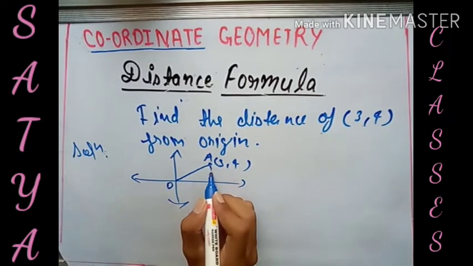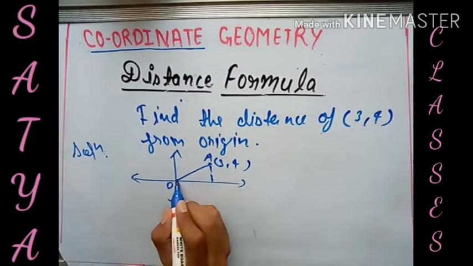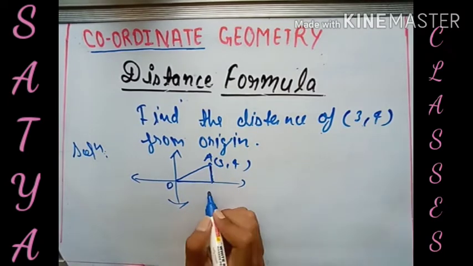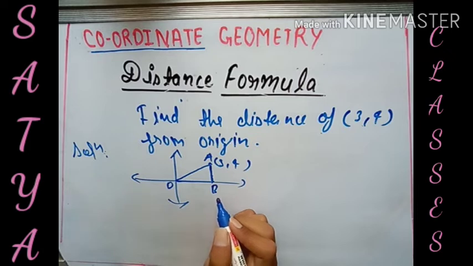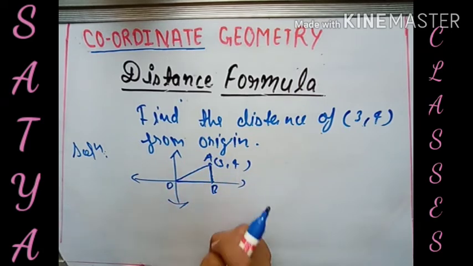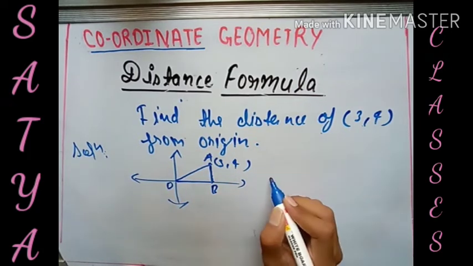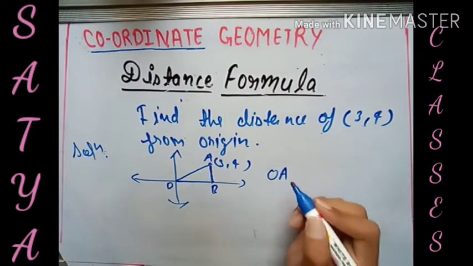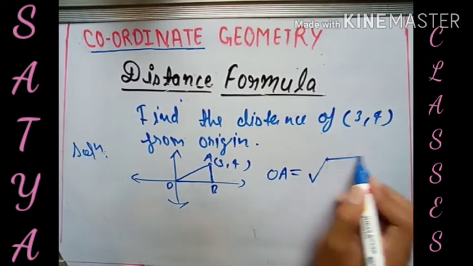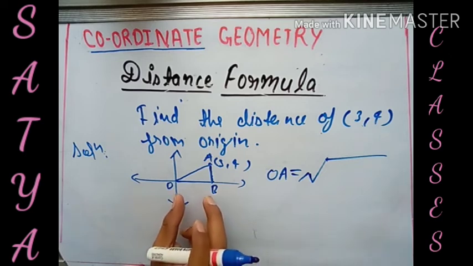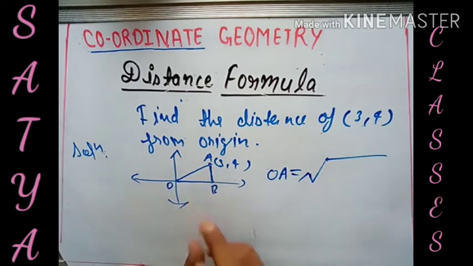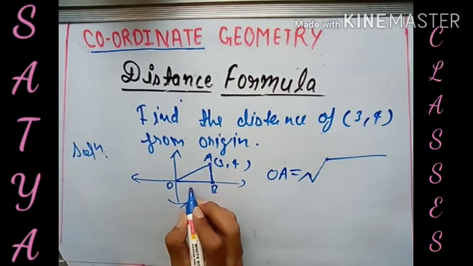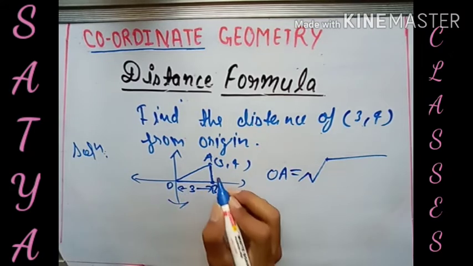Simply you can apply the formula, or you can use the Pythagoras theorem. Now you have the formula, so why use Pythagoras theorem? You remember this formula, OA is equal to the square root of the square of this distance plus the square of this distance. This distance, how much? Good, 3, and this is 4.